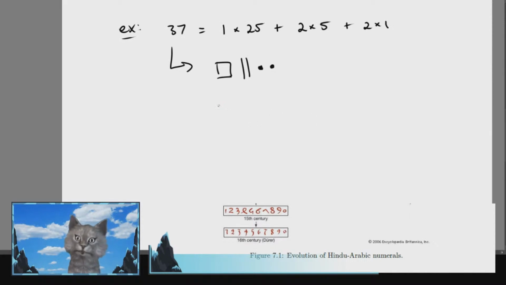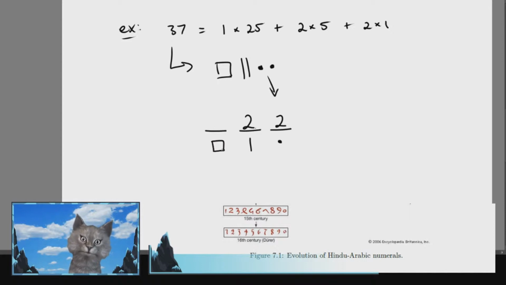And that's where the Hindu Arabic numerals came in. They said, let's just recycle the same digits, because all we need to know is that there are 2 rocks. And then the next place is going to count fingers or lines, and there are 2 of them.